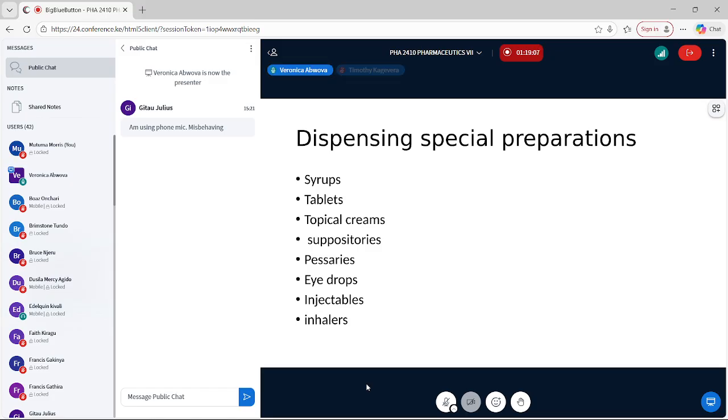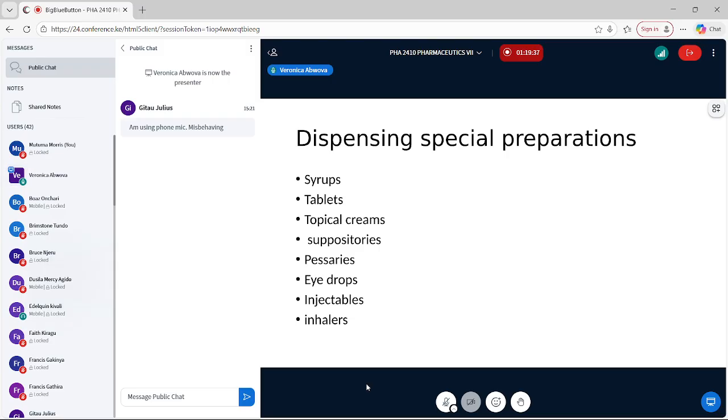Okay, let's float it to the class. What do you know about blind patients that would help you during dispensing? Class? Is there any aspect of a patient who presents to the pharmacy and they are blind?